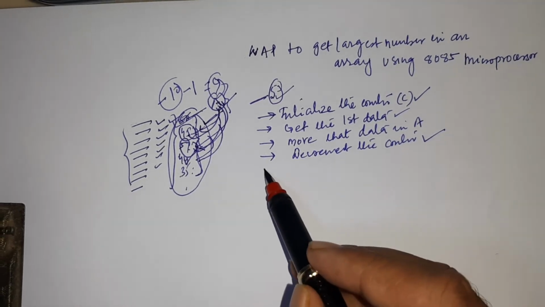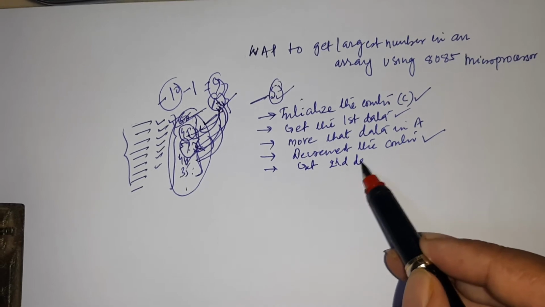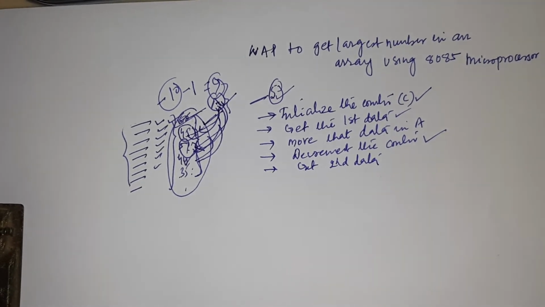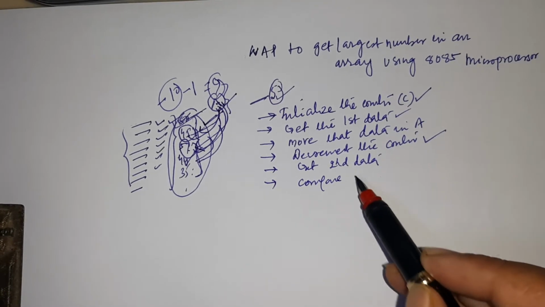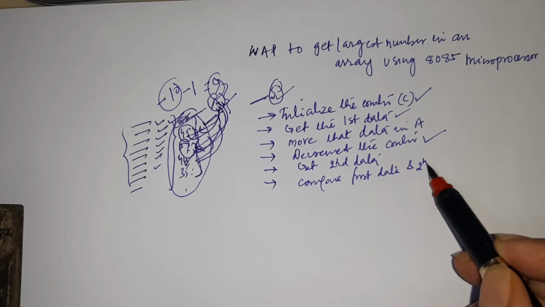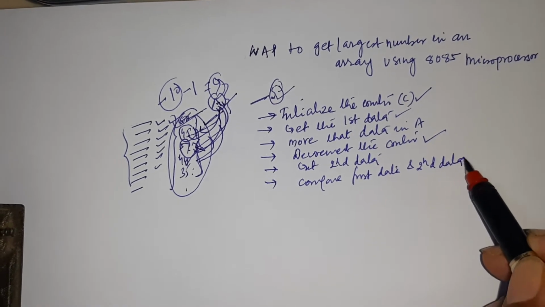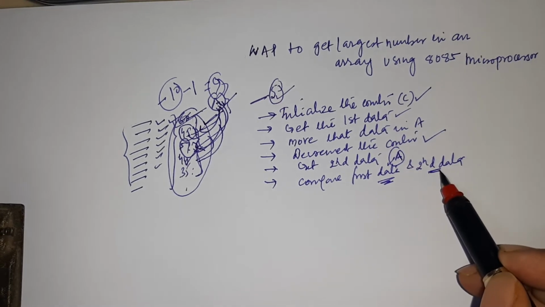Now get the second data and compare the first data and second data. First data means what is available in the accumulator, and this is the current memory location.